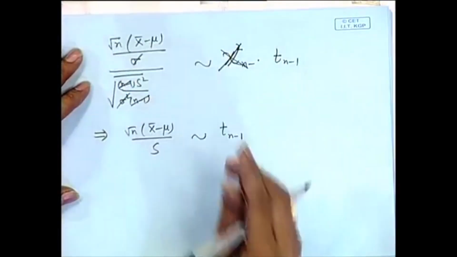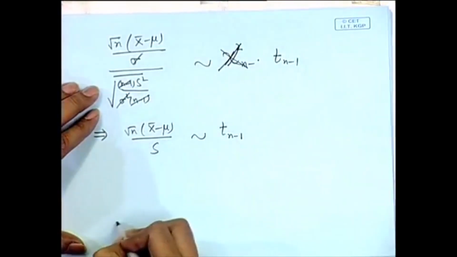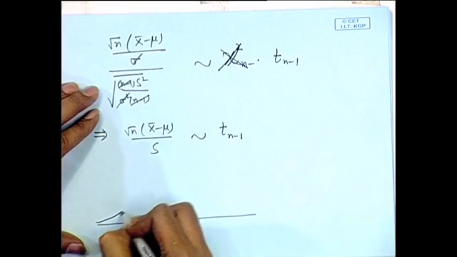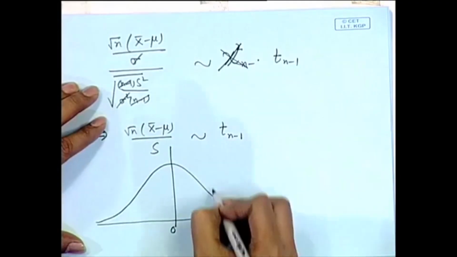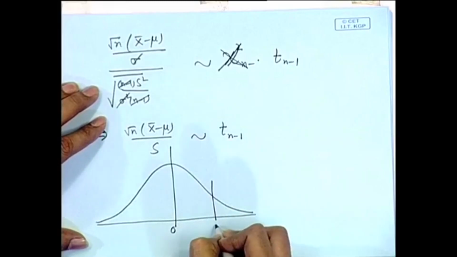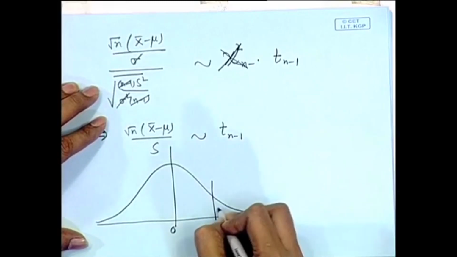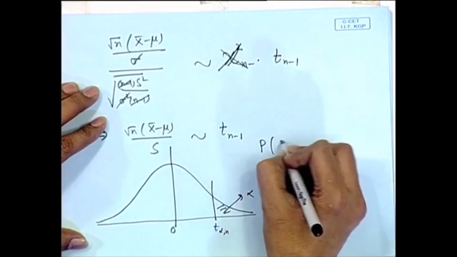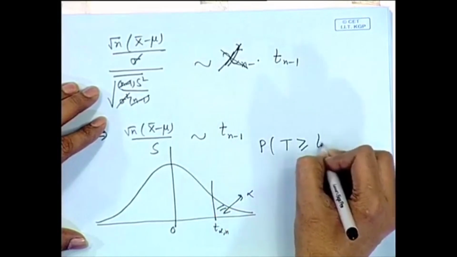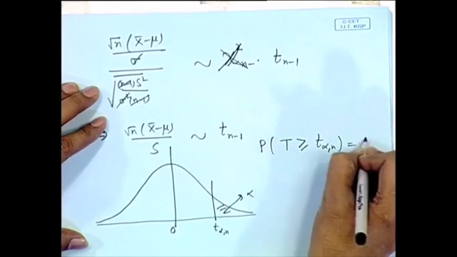Now, regarding the probability points of t distribution. The t distribution is a symmetric distribution about 0. So, if this point I call t alpha n, then the probability beyond this must be alpha. That means, probability of t greater than or equal to t alpha n is equal to alpha.